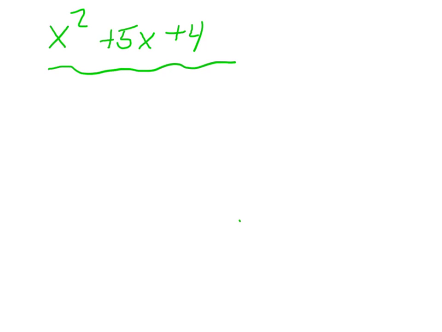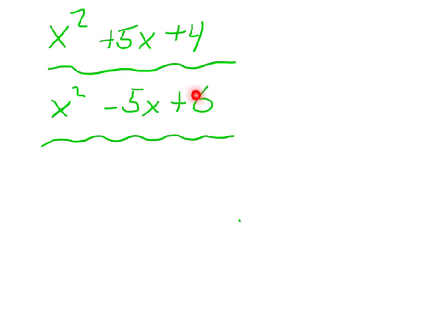The second one will be x squared minus 5x plus 6. On this one here, remember, a negative times a negative gives you a positive. So consider using 2 negatives to get this. 2 negatives will give you a positive.